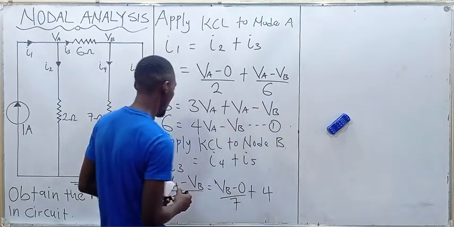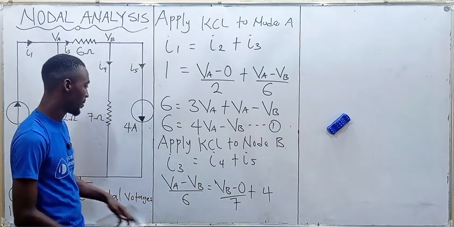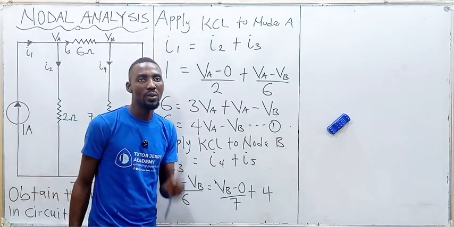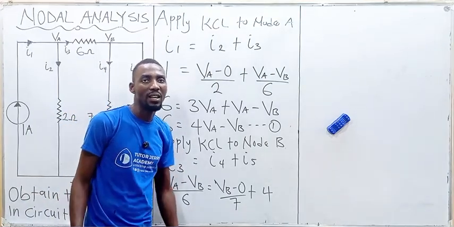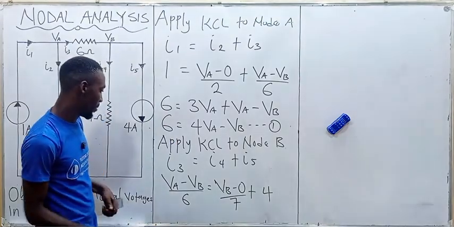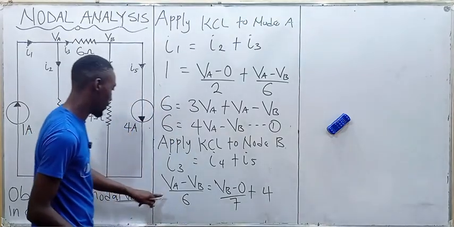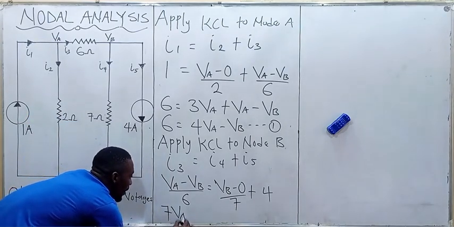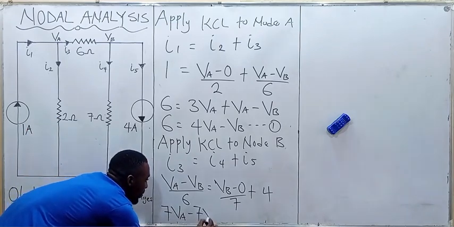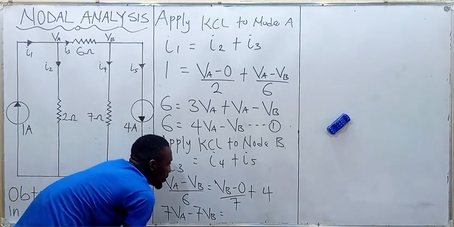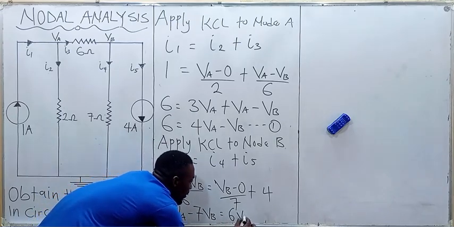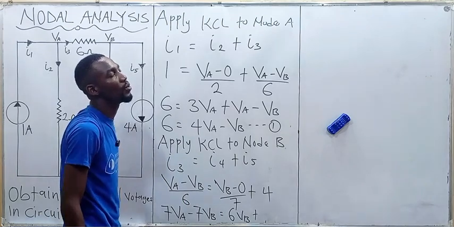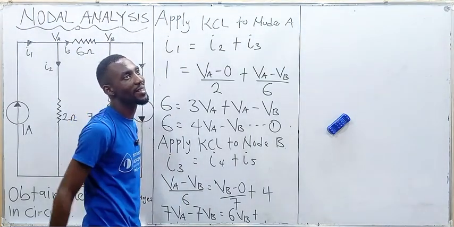The LCM between 6 and 7 is 42, right? So we are going to multiply by 42. If we multiply by 42, we are going to have 7VA minus 7VB equals 6VB plus 42 times 4. 42 times 4 is 168.